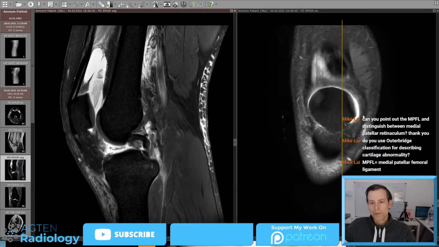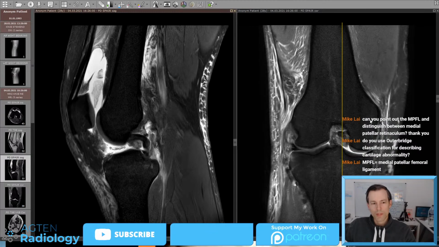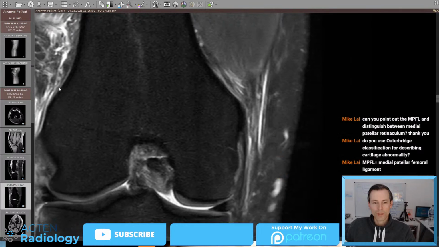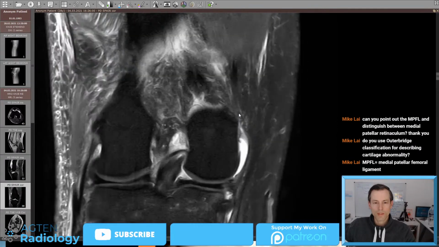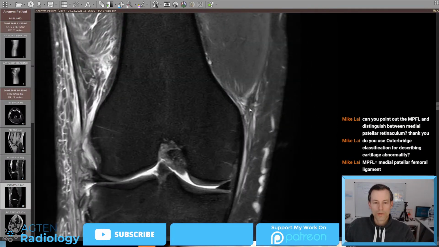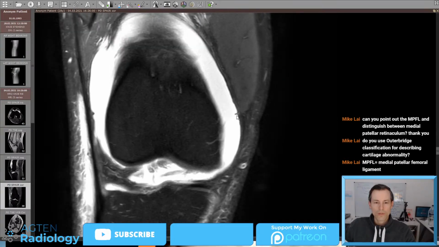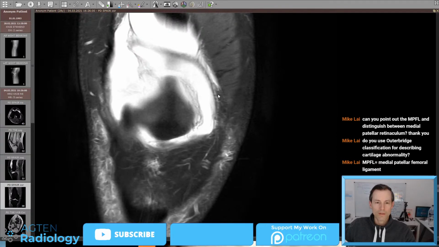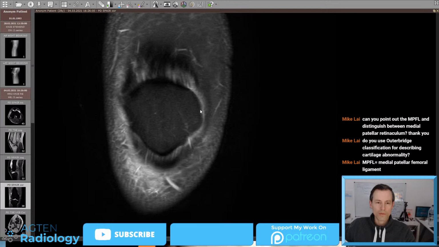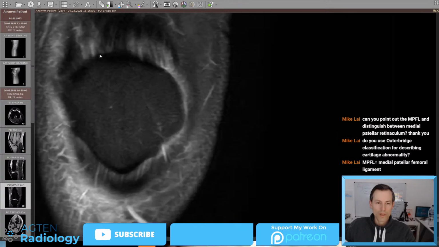Now with this amount of effusion, it's quite hard to see, but sometimes if you don't have that much effusion, if you scroll from this view on a coronal anteriorly, you can see the MPFL as a broader structure, sometimes even a little bit striated, inserting here onto this kind of thing.